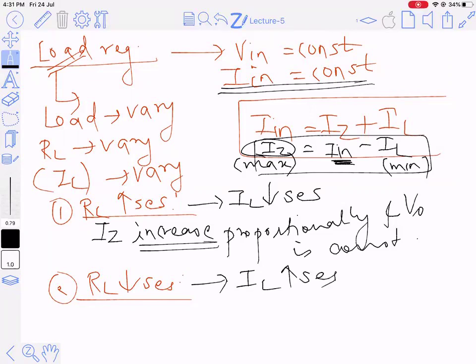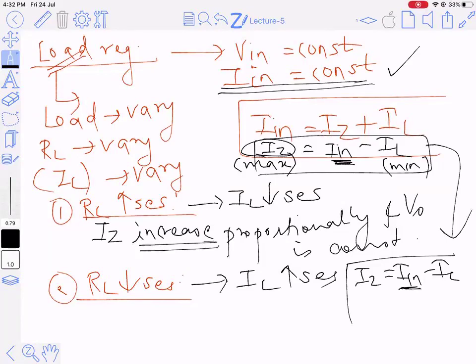I have the relation IZ equals Iin minus IL, and Iin is constant, as you can see over here. So if RL decreases, IL increases, so my IZ will decrease proportionally, and the output voltage remains constant.